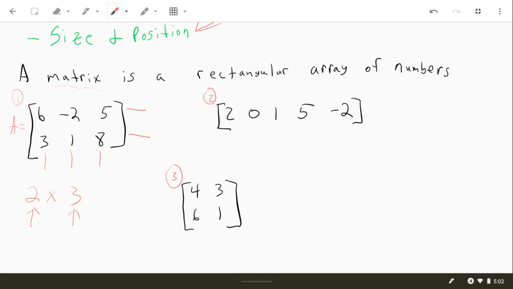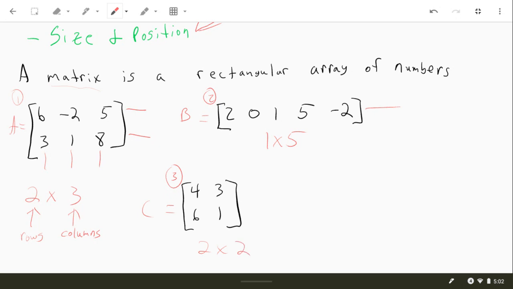The 2 represents the number of rows, and the 3 represents the number of columns. The second matrix over here has only 1 row, so it is a 1 by 5 matrix. We'll call that one matrix B. And this last one here we'll call matrix C, and it is a 2 by 2 matrix.